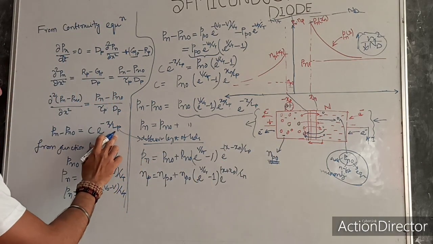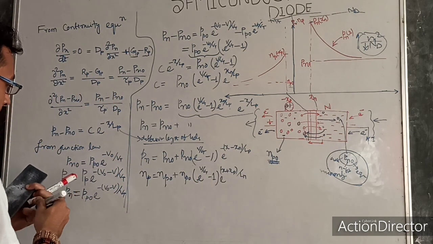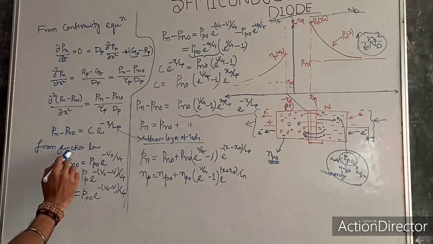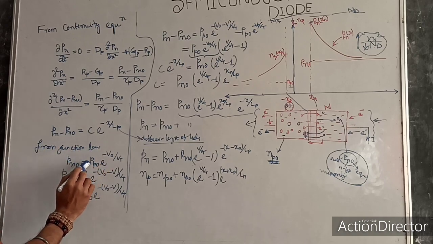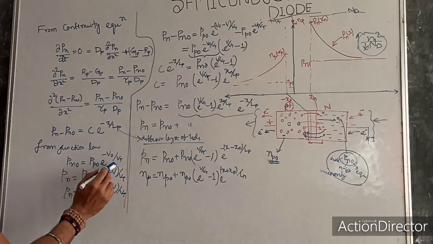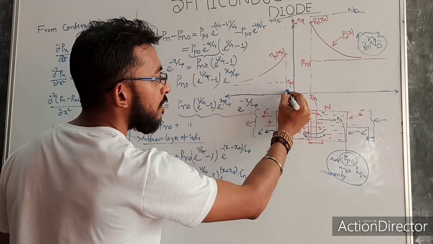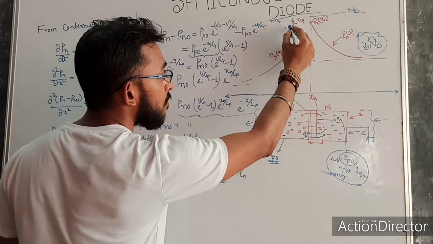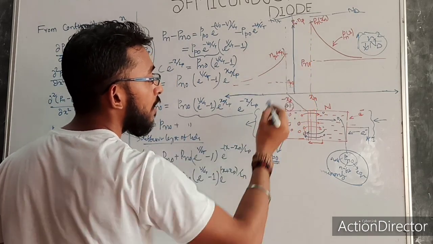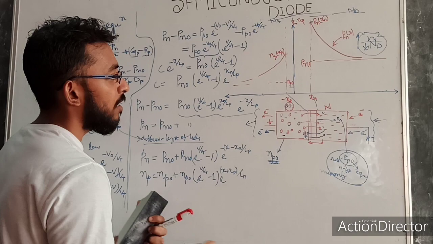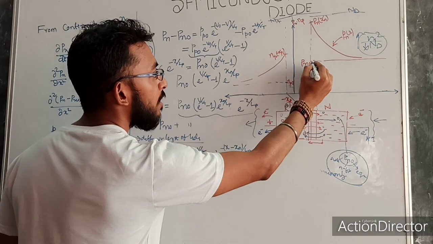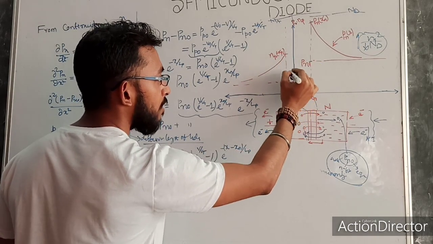So here this is the xp. At our junction we know this formula, that pn naught is nothing but pp naught e power minus V naught upon Vt. Junction means I am talking about this center junction. You can see at the center, here is np naught, here is pn naught, so there might be a relation like that.